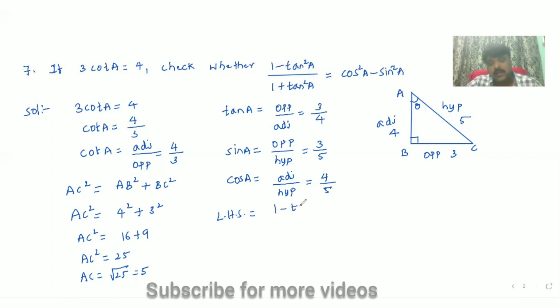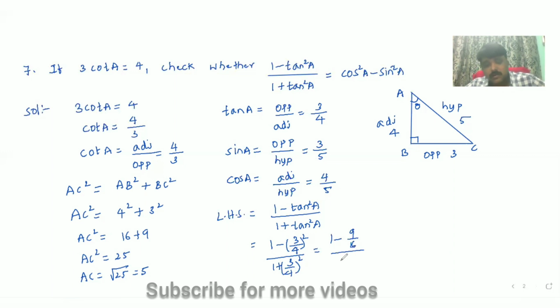Now let us take LHS. It is 1 minus tan square A by 1 plus tan square A. That equals 1 minus (3 by 4) whole square by 1 plus (3 by 4) whole square. 3 square is 9 by 16. 16 is the LCM, so 16 minus 9, and even in the denominator we have 16 as the LCM, 16 plus 9. 16 minus 9 is 7 by 16 plus 9, that is 25.